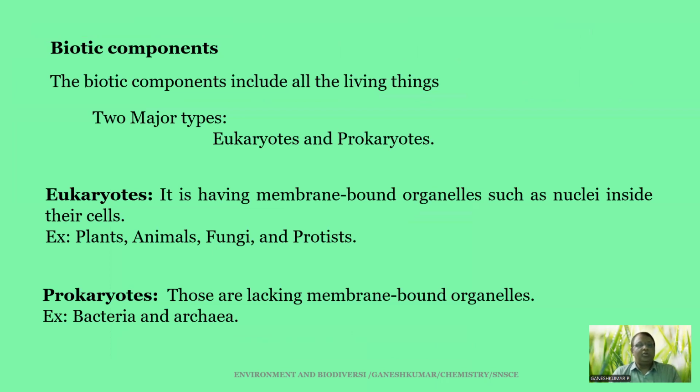So biotic components include living things, meaning things which can be observed through a microscope up to huge animals like elephants, giraffes, etc. The major types of biotic components are eukaryotes and prokaryotes.